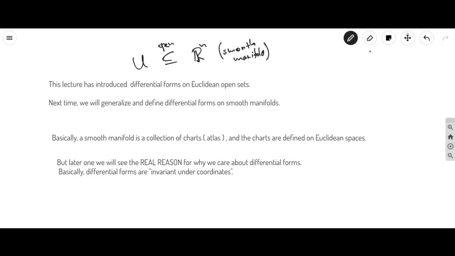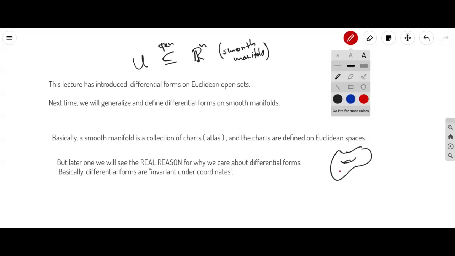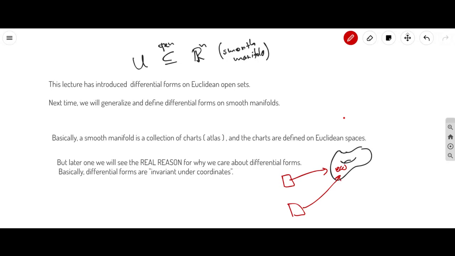Basically, when you have a smooth manifold and you have a piece of the manifold, that piece can come from one chart, or it might come from a different chart. And when you do a computation in a chart, we want to make sure that the answers are always going to be consistent no matter how you do it. That's exactly what differential forms will do for you.